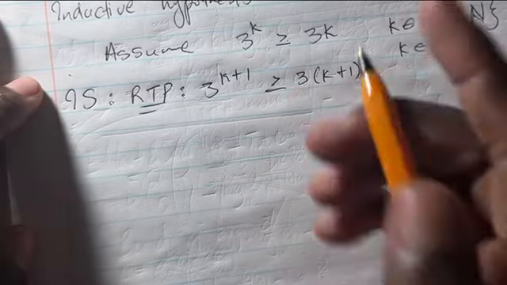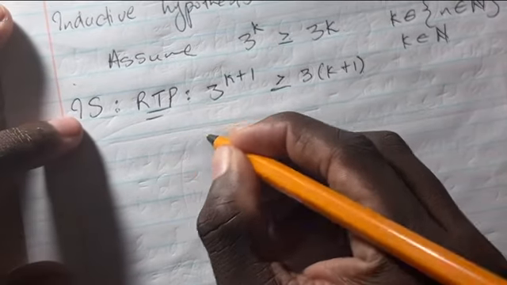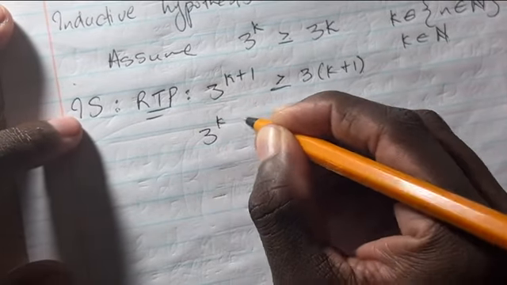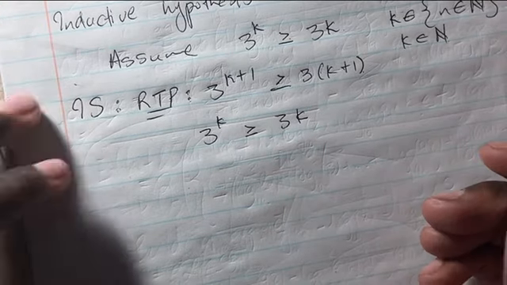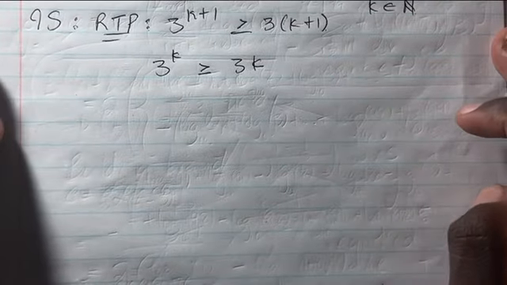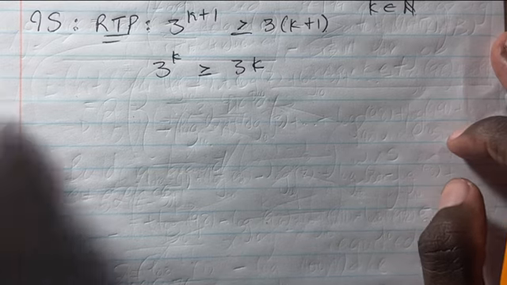To prove this, we're going to start with the inductive hypothesis: 3 to the k is greater than or equal to 3k. We're going to start here. I'm just going to give you guys the steps. You can apply these steps to almost all questions that are like this.